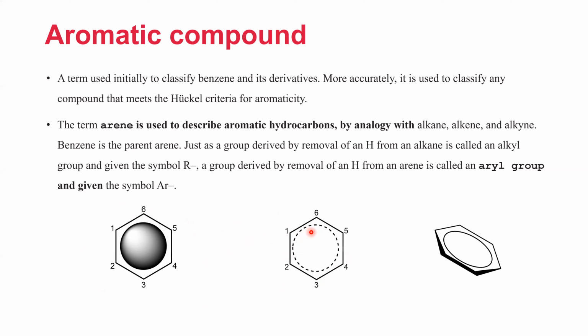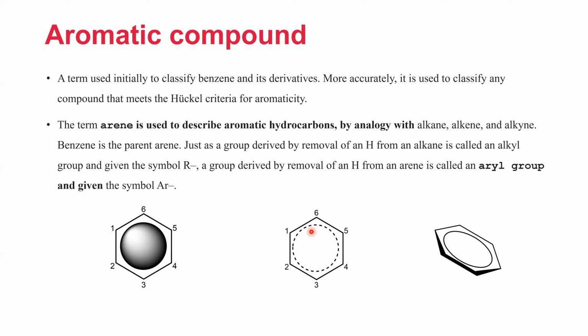It means six hydrogens are deficient compared to the equivalent cyclohexane compound. That deficiency is fulfilled by double bonds. There are three double bonds in alternating positions, separated by a single bond, then double, single, double.